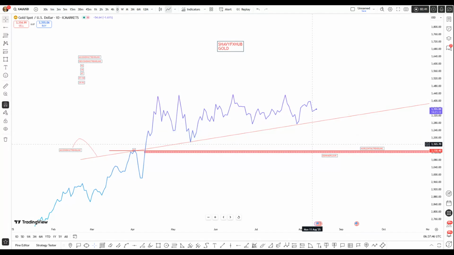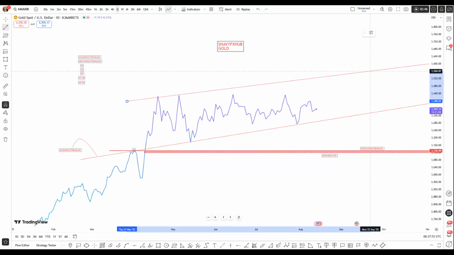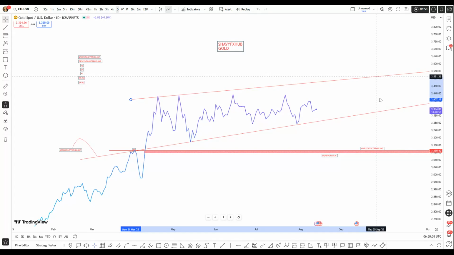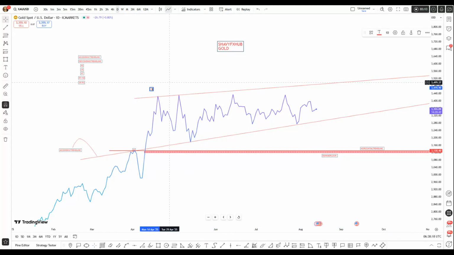Right. So let's dive quicker into the structure. Then let's look for a supply roof. On the supply roof, we have resistance becomes support on break of structure 1.